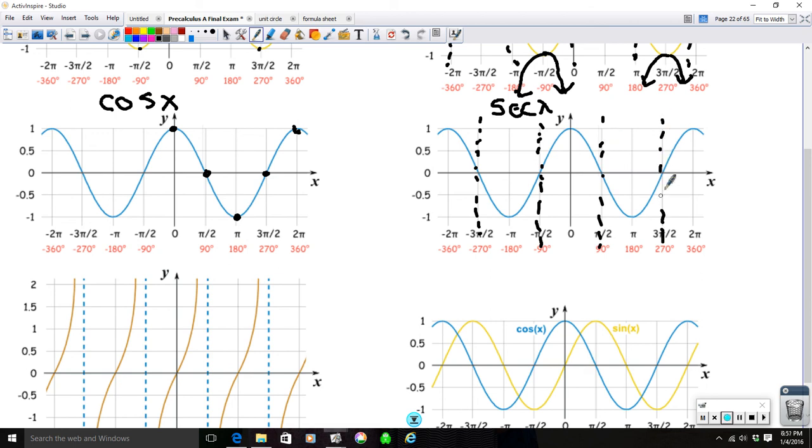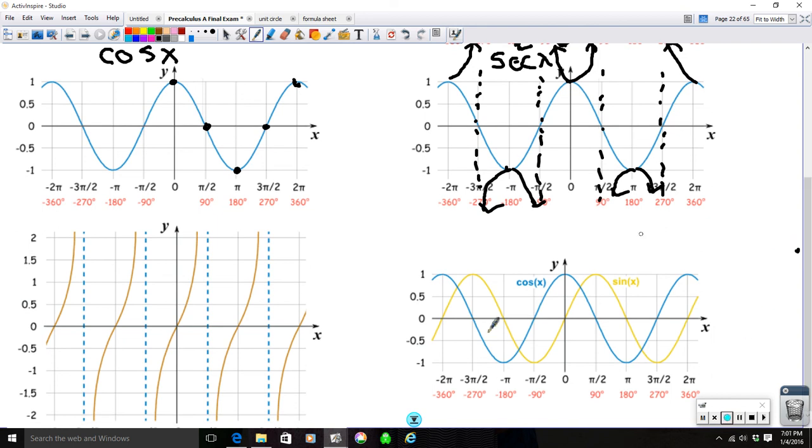Again, we do what we did with cosecant: where the minimum is, it becomes the maximum, and the maximum becomes the minimum. And here's another one, and then you have some partials here. This is going to be this portion of it, and this is going to be this portion of it. So this is between negative 2 pi and positive 2 pi, what secant looks like.